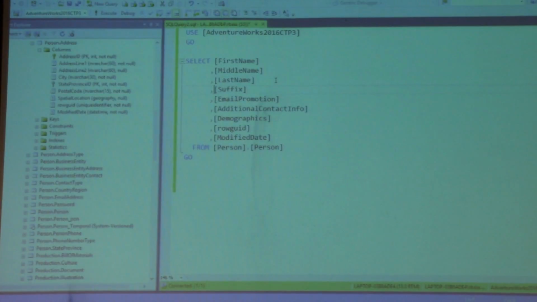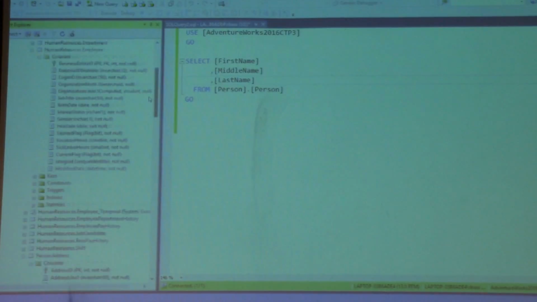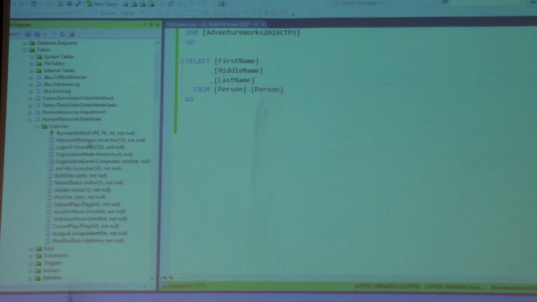If you want to find out first name, last name, and also, let's see.